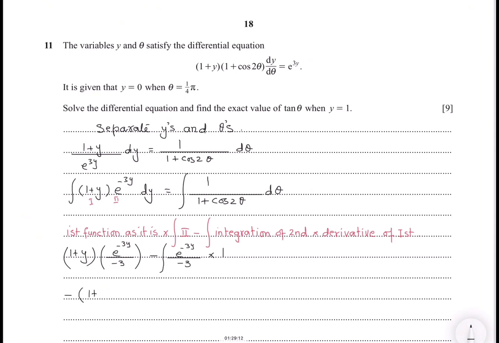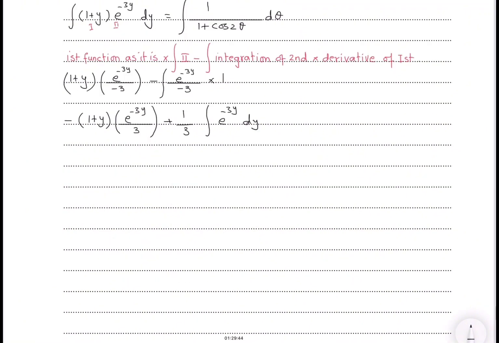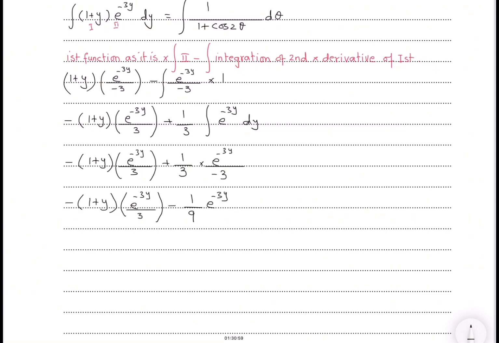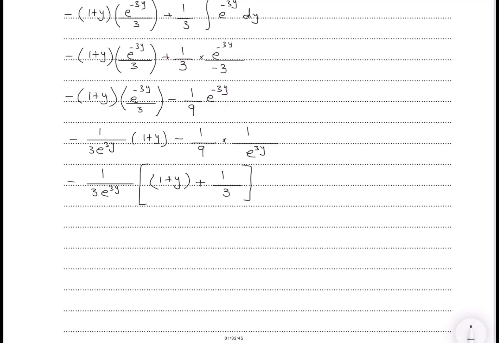First let me complete this. I am taking negative 1 over 3 e power 3y as common.